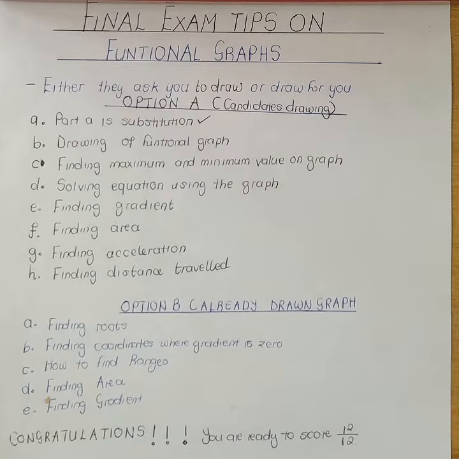Make sure, guys, that you don't forget to label your graph. If it is a velocity time graph, label your y-axis velocity and your x-axis time in seconds, and then you should label the curve.